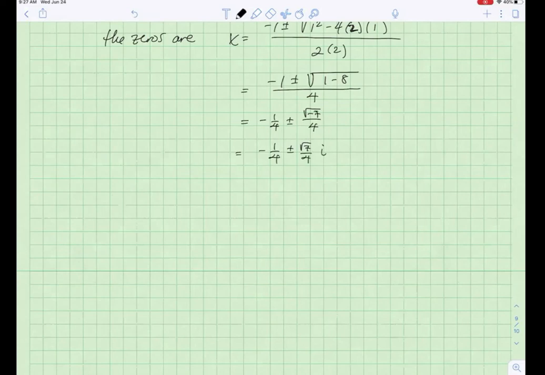Those are my other zeros, and you'll notice that those also occur in conjugate pairs.